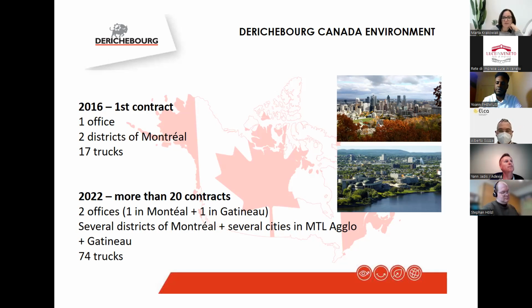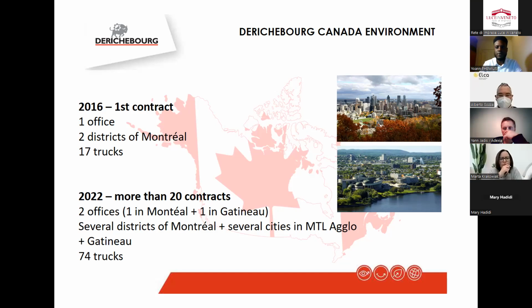So when you applied for the tender, you applied already with your subsidiary opened? No, we didn't have the subsidiary yet. We had to register a company, so yes, it's the contrary.